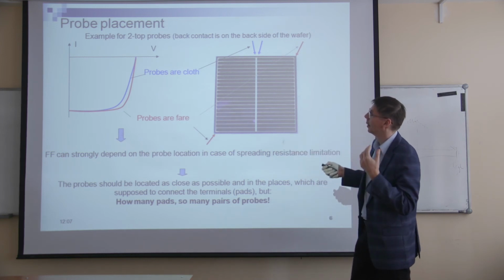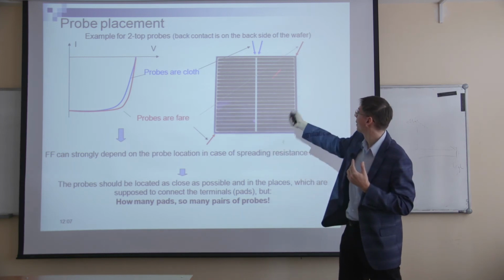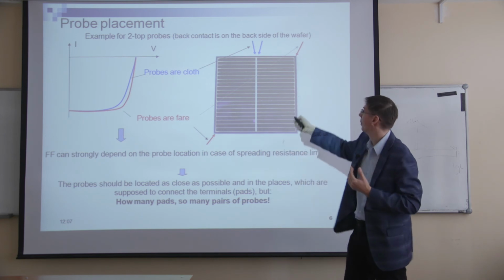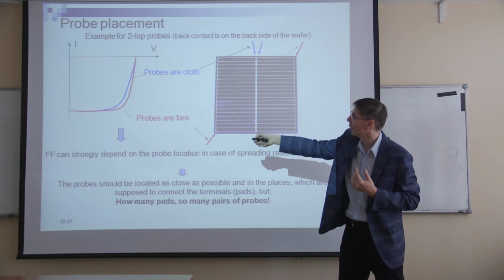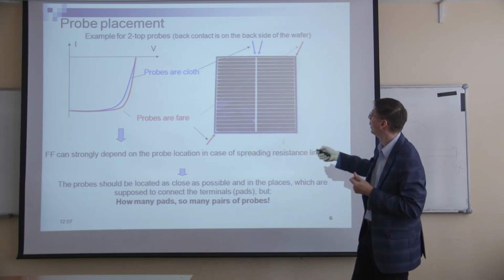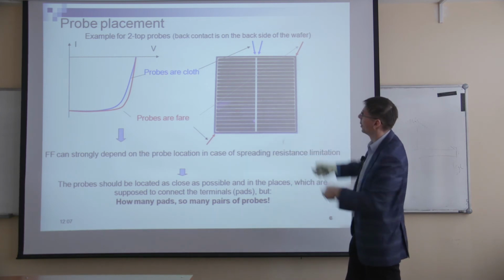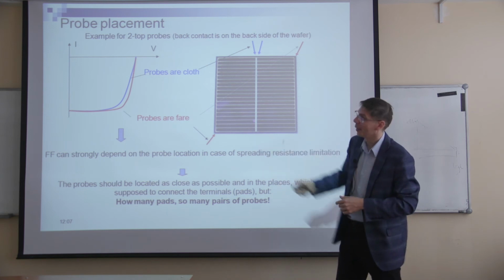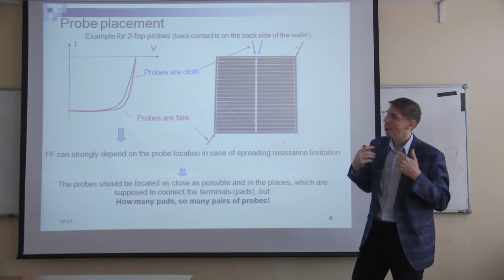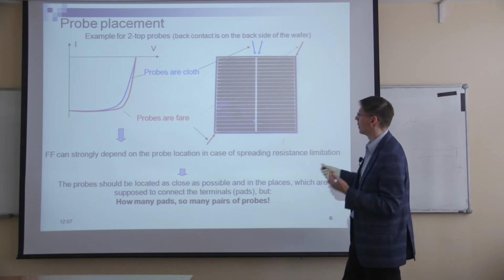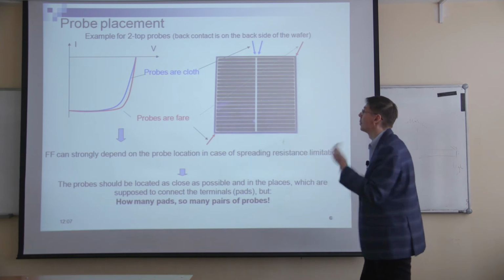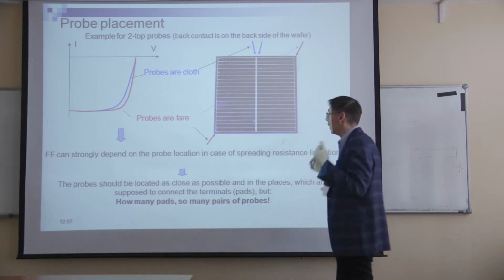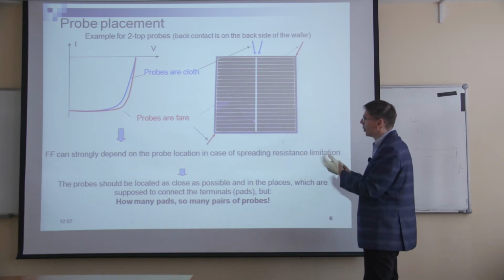If you have this kind of case, for this measurement you have an IV curve like this, like the blue line. For the 2 separated points you have an IV curve like this. So it means that you have losses, and the losses are really related to some series resistance, but actually the series resistance is related to the spreading.